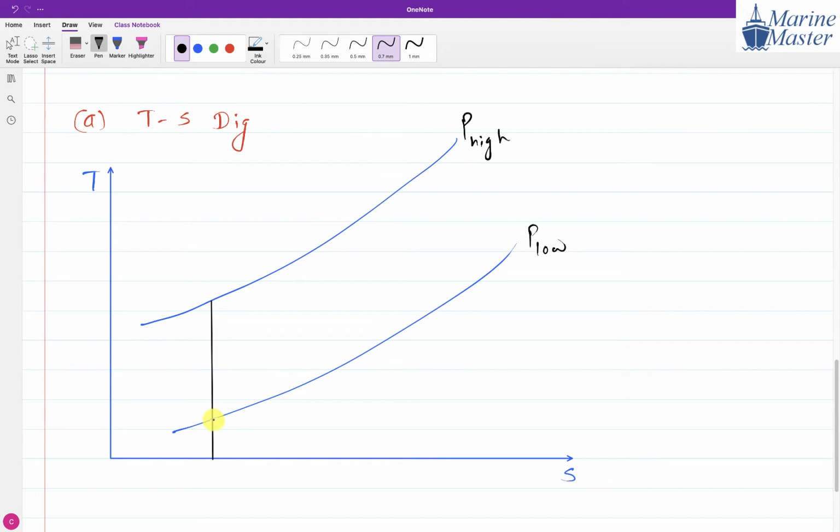Point 1 is on the low pressure line, so pressure at point 1 is P1. A straight vertical line means 1 to 2i, and S1 is equal to S2i, and I am going to make it dotted. Very simple discussion. So 1 to 2i ideally is isentropic.